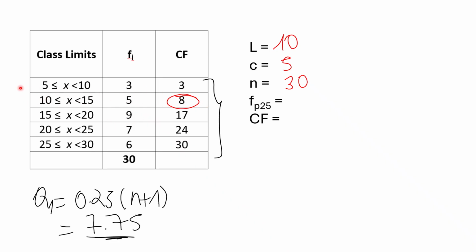So all of this row. So we'll take 5 as being our frequency. And now to take the cumulative frequency, we'll take the one that's before that.